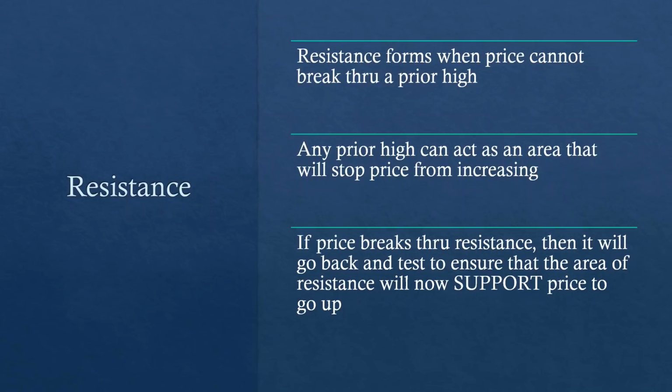Now, if price does break through the resistance area, typical price action is that it will go back and test to make sure that the area of resistance that it just broke through will actually act as support to help price continue upwards. In other words, it's acting as a fuel to move price upwards.